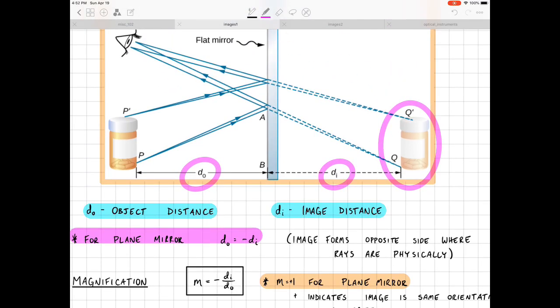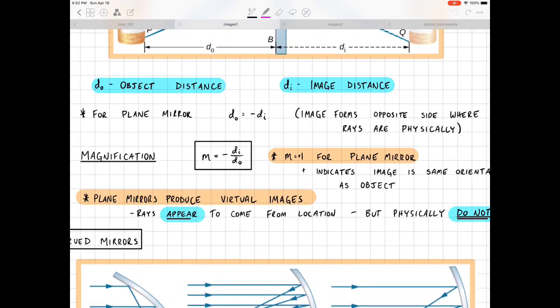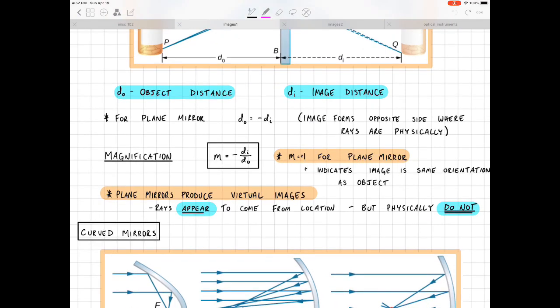So if you look at this picture here, with object distance and image distance, the object and the image are on opposite sides of the mirror. So we can define magnification, how large the image is compared to the object.